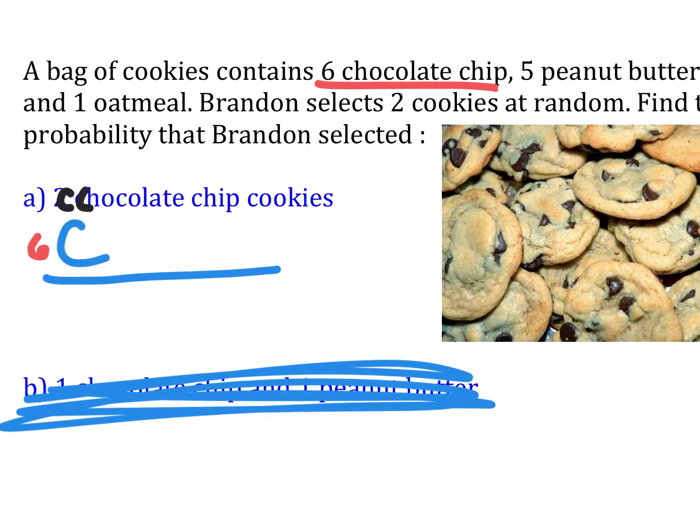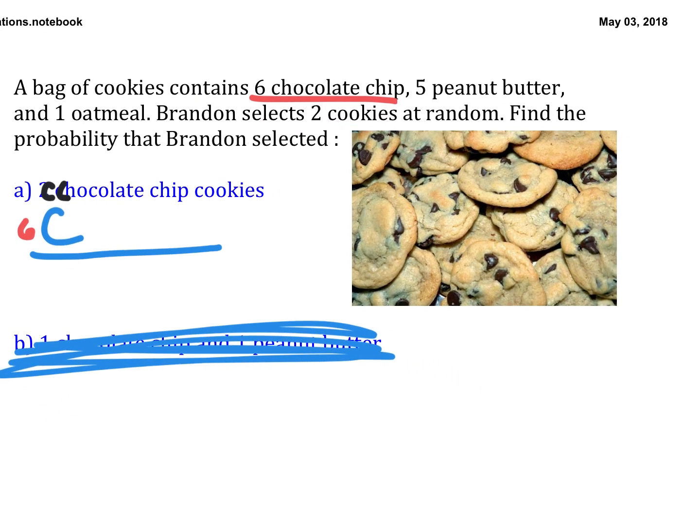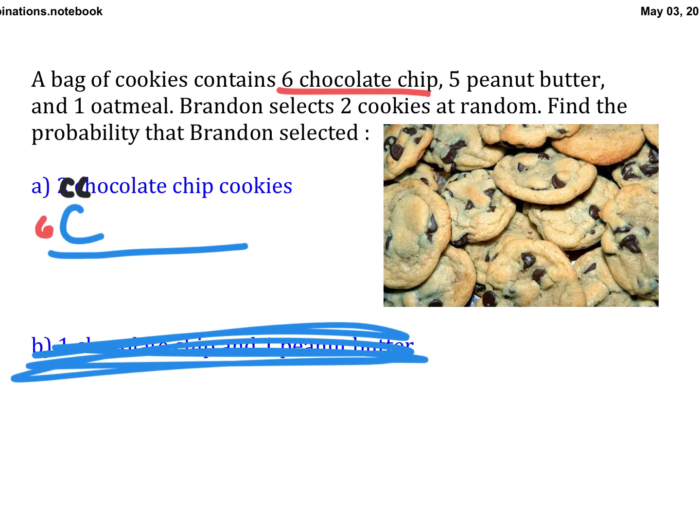Well, what I want, remember that goes on top, is for Brandon to get 2 of those. 6 choose 2. Times the other kind of cookies, there's 5 peanut butter, PB, they get their own C, and there were 5 of them, and how many do I want him to get? No, 0. Times there were 1 oatmeal cookie, 1 C, and I don't want him to get any of those either.